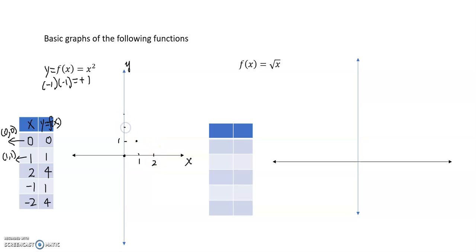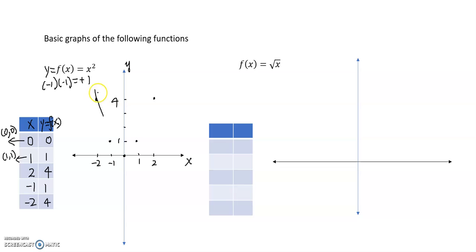Let's count 1, 2, 3, and 4. So I got a point up there. And for negative values, when x is -1, we have y equal to 1, and when x is -2, we also have y equal to 4. So now we have these 5 points, and we can join them to get a curve.